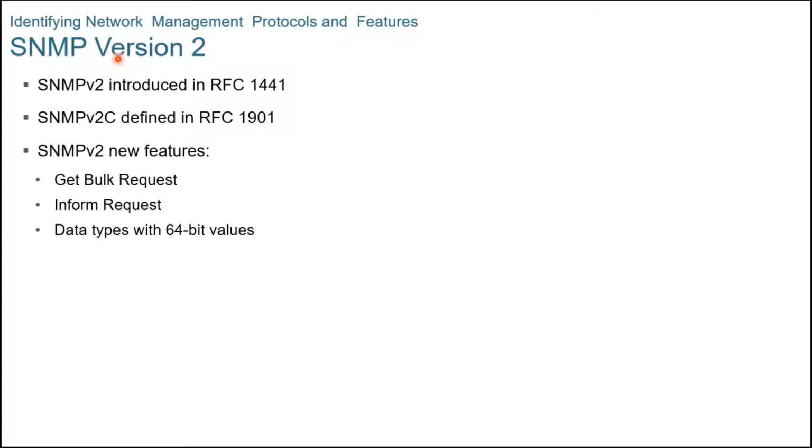SNMP version 2. SNMP version 2 is a revised protocol that includes performance and manager-to-manager communication improvements on SNMP. It was introduced with RFC 1441, Introduction to version 2 of the Internet Standard Network Management Framework.